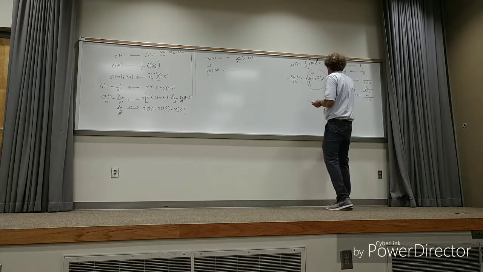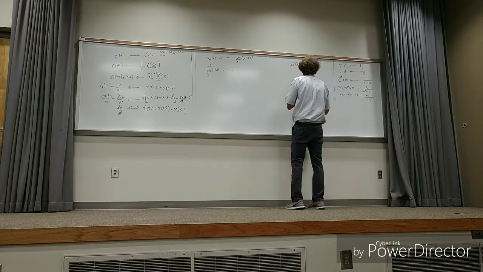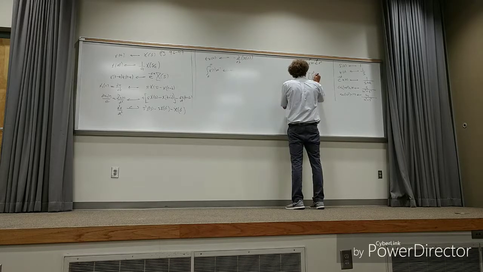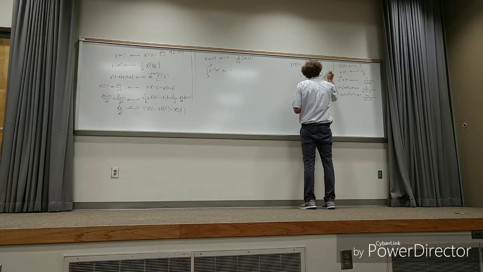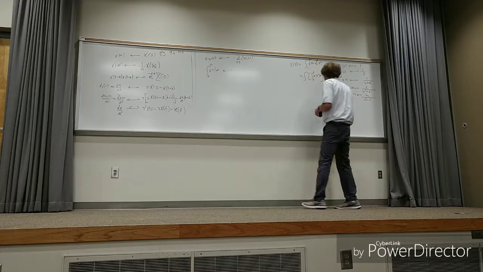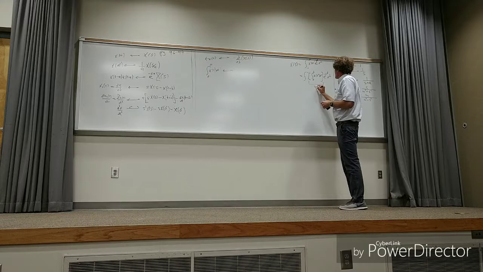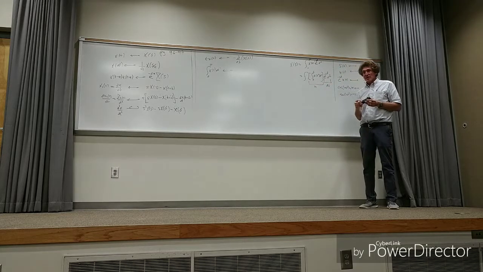All right, if I come here and I put in the integral from 0 to t of x of t prime dt prime times e to the minus st dt, I want you to take a look at this. Doesn't this look like a u and a dv integration? You all see that? Right.